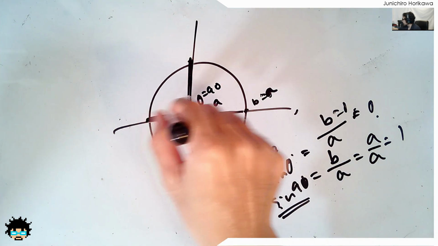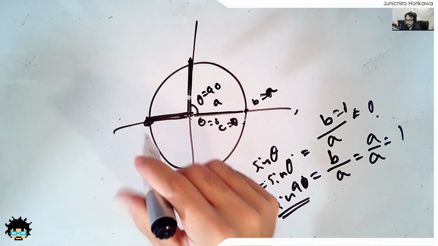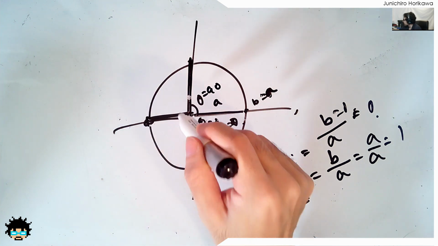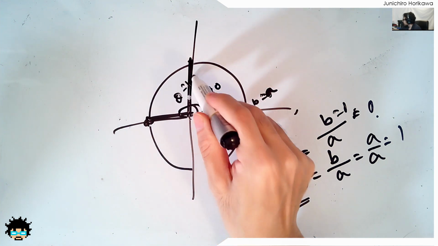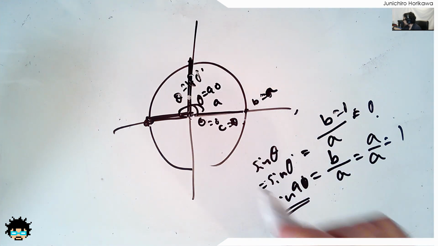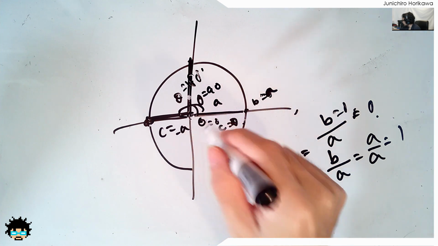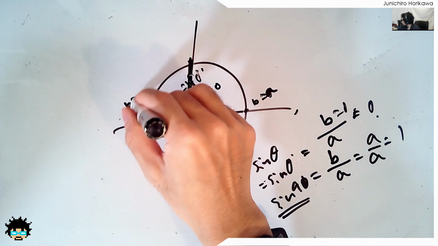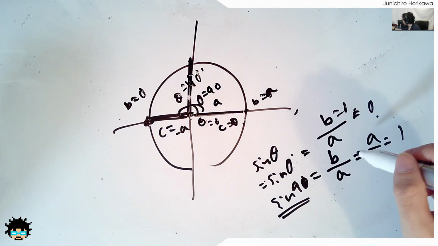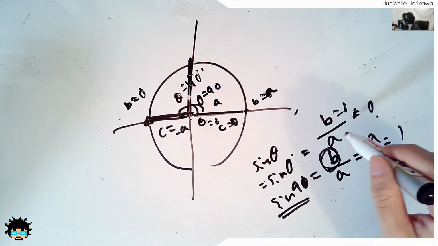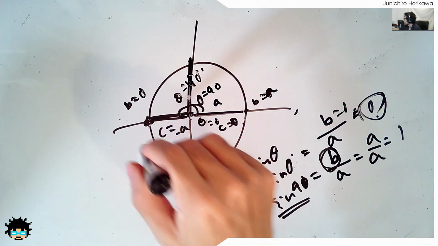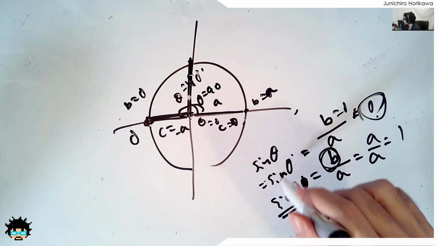Now when the line comes here, when the points intersected at this point, then the angle is 180 degrees. Now in this case, c becomes -a and b becomes 0. Since for the sine we're using b again, so the value becomes 0 again for the sine.